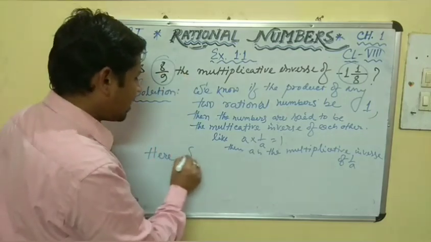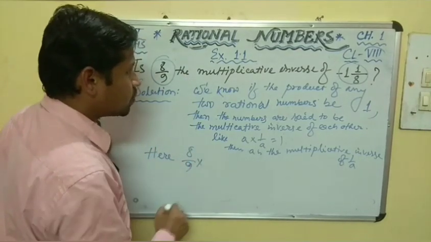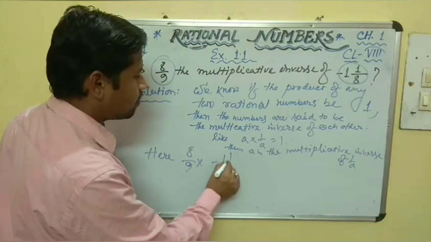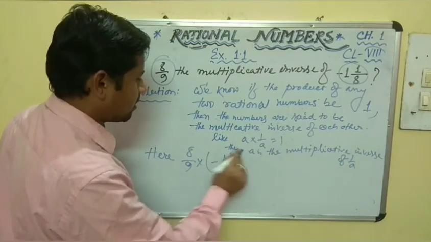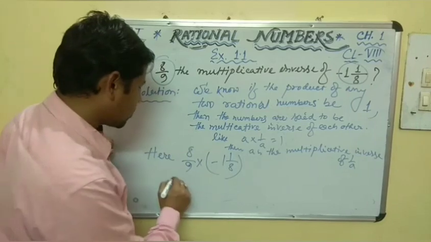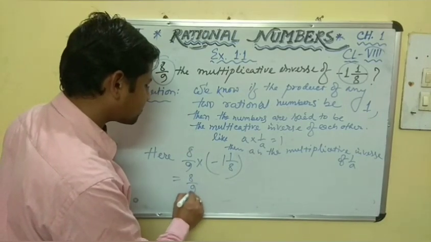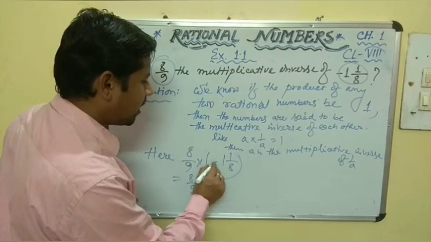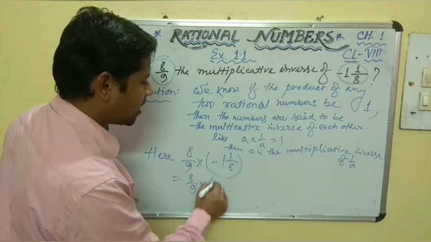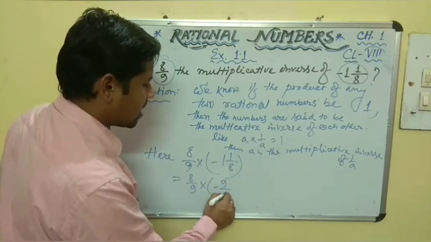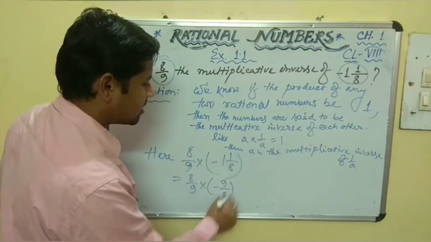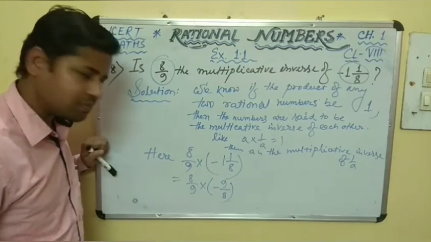So here, 8 upon 9 into minus of 1 complete 1 by 8. Let them multiply. So 8 by 9 into 8 ones are 8 plus 1, 9, minus 9 by 8. I think it is clear to you.